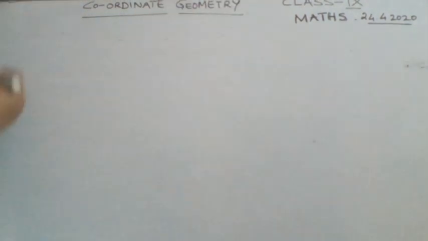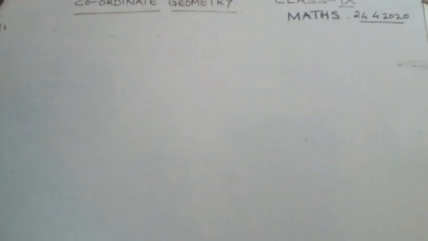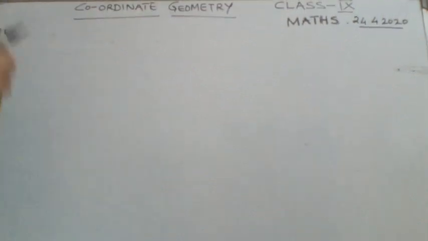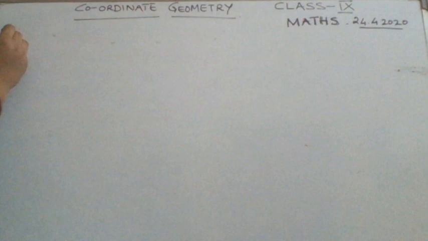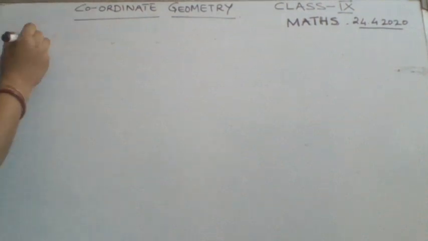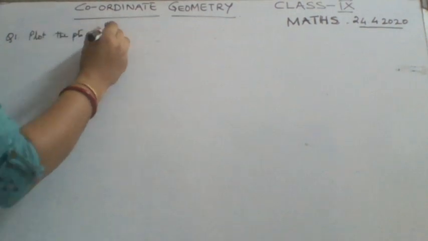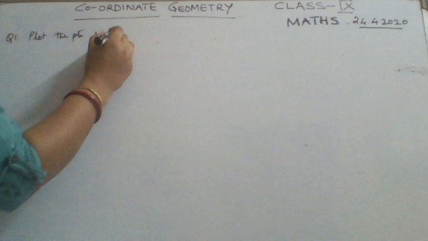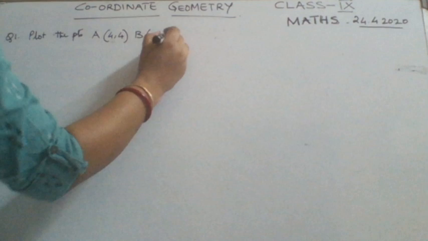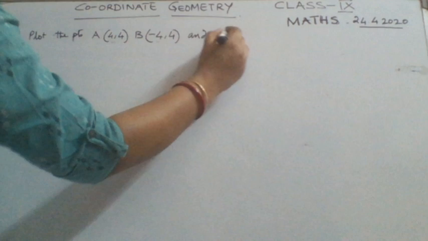Coordinate geometry. Question number 1. Plot the points A, that is 4 comma 4, then B, minus 4 comma 4, and O. O means your origin.